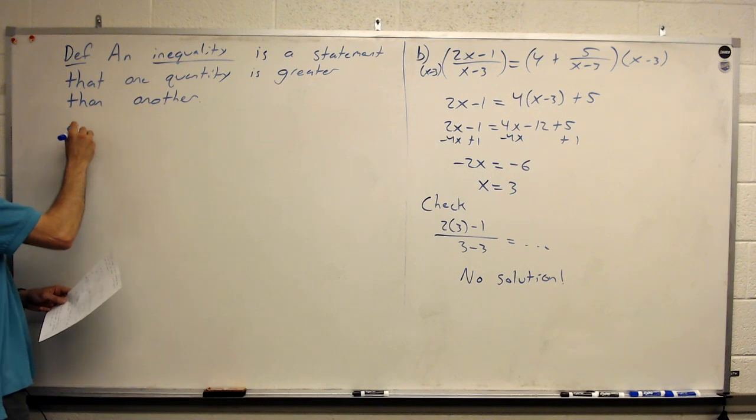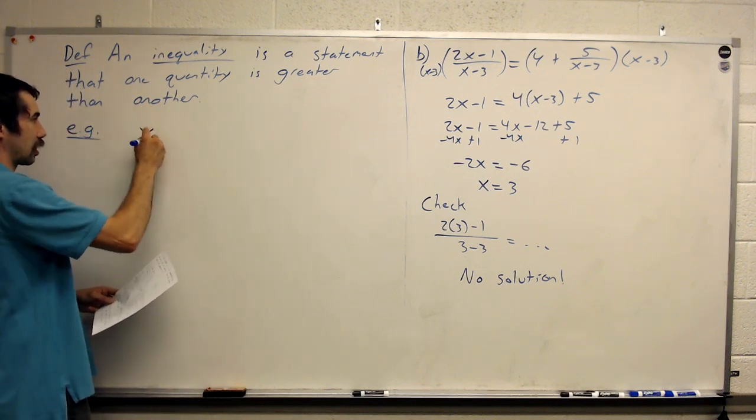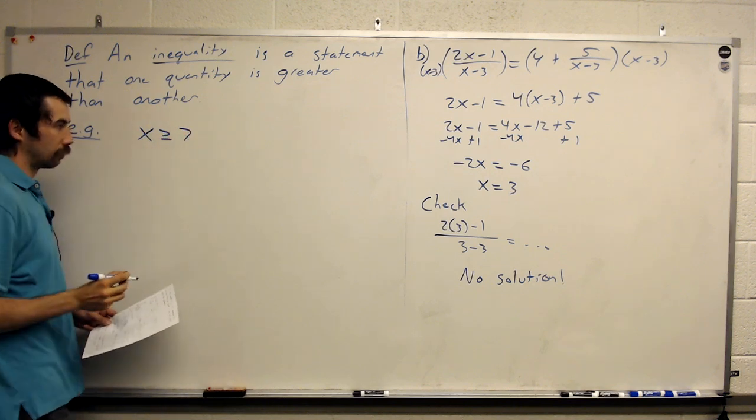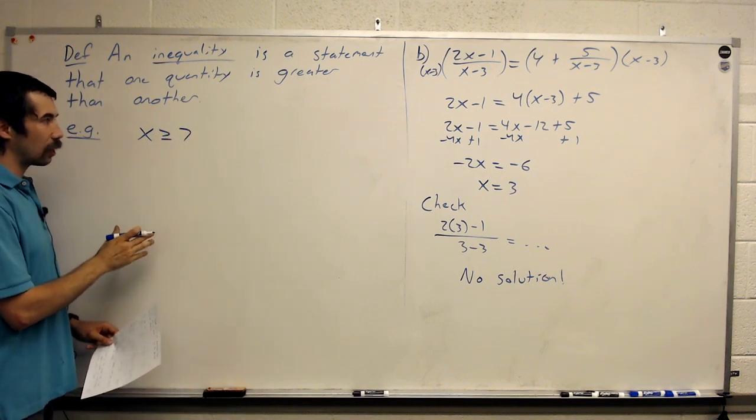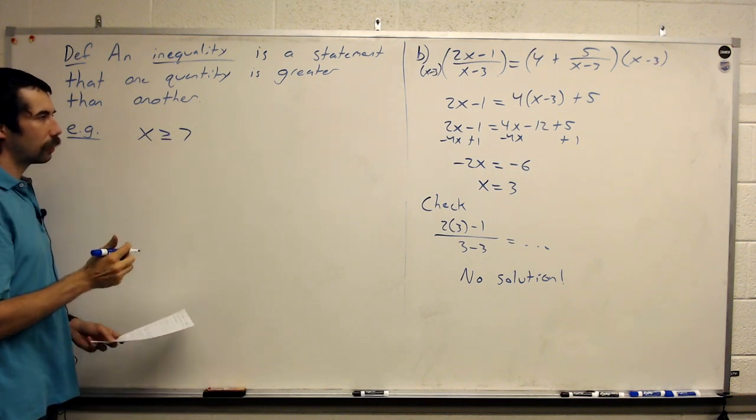All right, so for example, we could have a statement like x is greater than or equal to 7. This is an inequality. It says the quantity x is greater than or equal to 7.